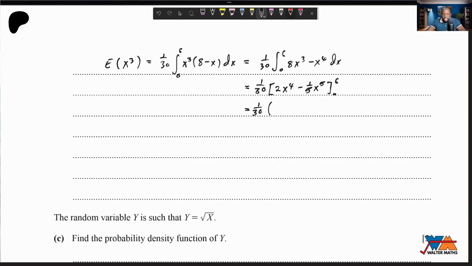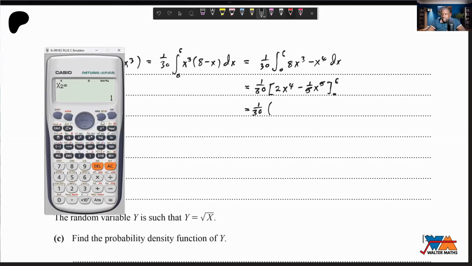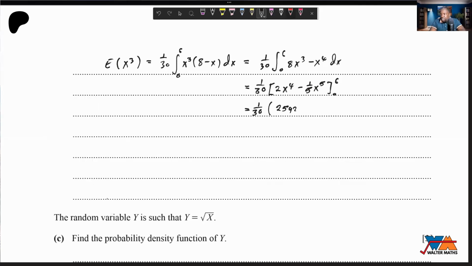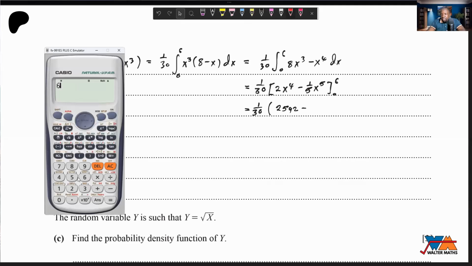Now 6 to the power 4 is 1296, and multiplying that by 2, we get 2592. So we have 2592 minus a fifth of 6 to the power 5. So 6 to the power 5 is 7776, divided by 5.